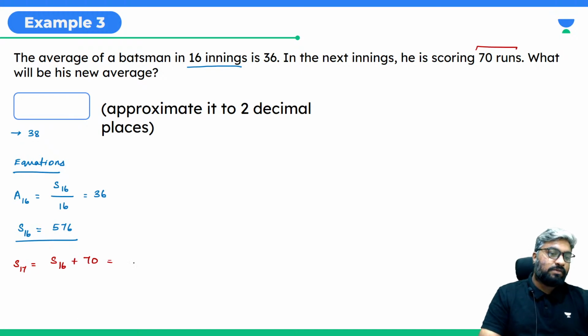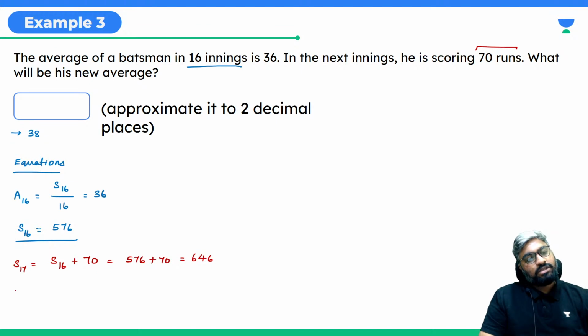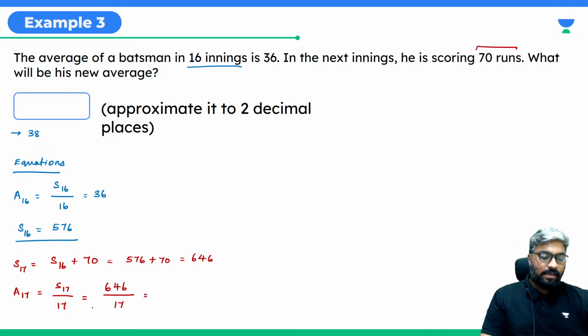So this will give us what? 576 plus 70, that is 646. So average of 17 innings will be what? Sum of 17 innings by 17, which is 646 divided by 17. Yes? Is this right, guys?